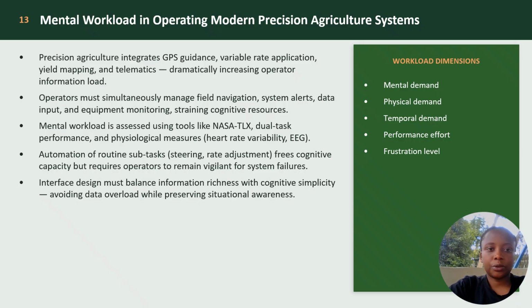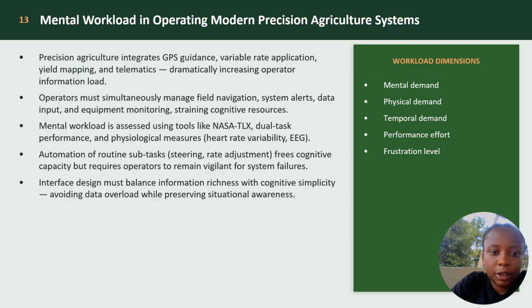The 13th topic is about mental workload in operating modern precision agriculture systems. Here the first, precision agriculture integrated GPS guidance, variable rate application, yield mapping, and telematics dramatically increase operator information load. Second one, operators must simultaneously manage field navigation systems, alert data input and equipment monitoring, taxing cognitive resources. Mental workload is measured using tools like NASA TLX, dual task performance and physiological measures, heart rate variability, and the EEG.